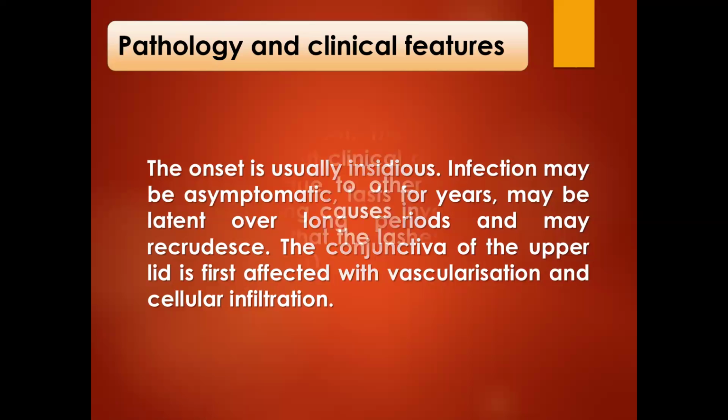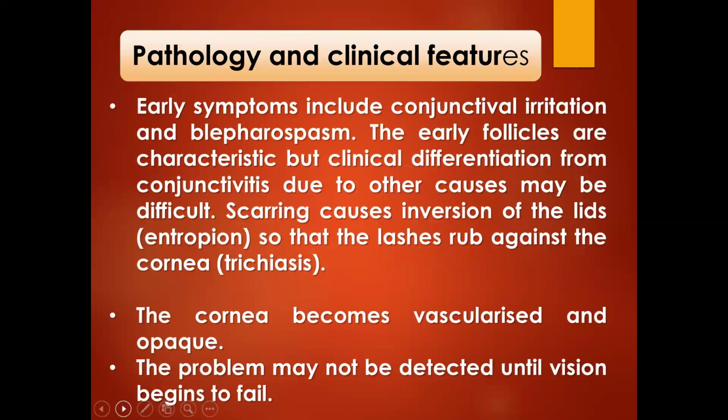Let's proceed. Early symptoms of this condition include conjunctival irritation. The patient begins to feel irritation, like something is in the eyes, and blepharospasm. That is a kind of spasm that occurs at the eyelid.